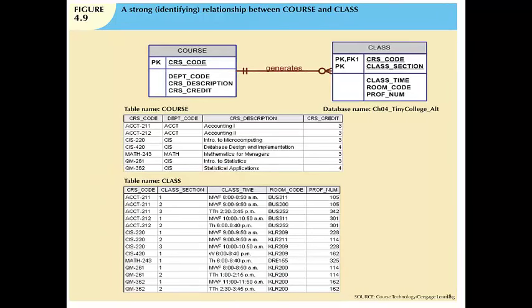So here you can see the difference is that now the course code is both a foreign key and primary key in class, and that makes it an identifying relationship. It is part of the key that makes the relationship. And to me, these aren't that different.